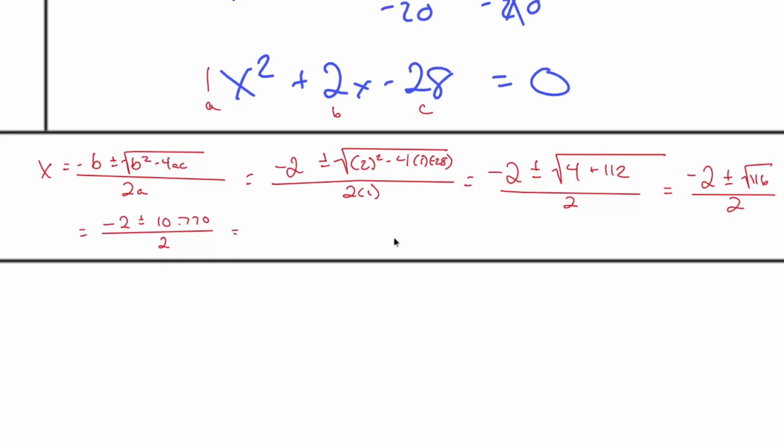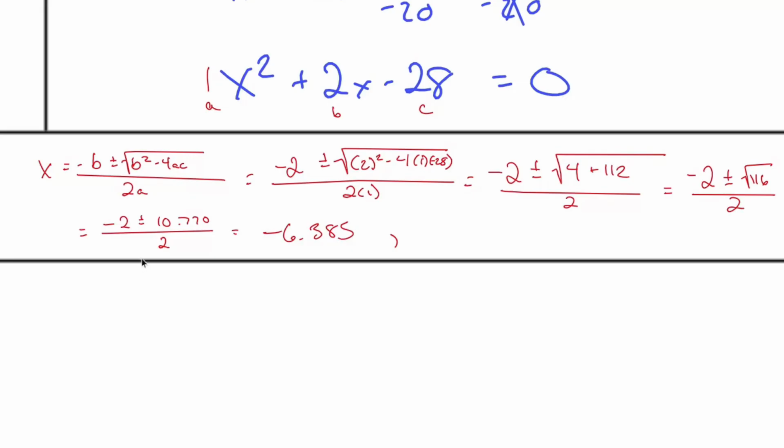So we have two options. Option number 1 is negative 2 minus 10.770, all divided by 2. So that would be negative 12.770 divided by 2. It's negative 6.385.